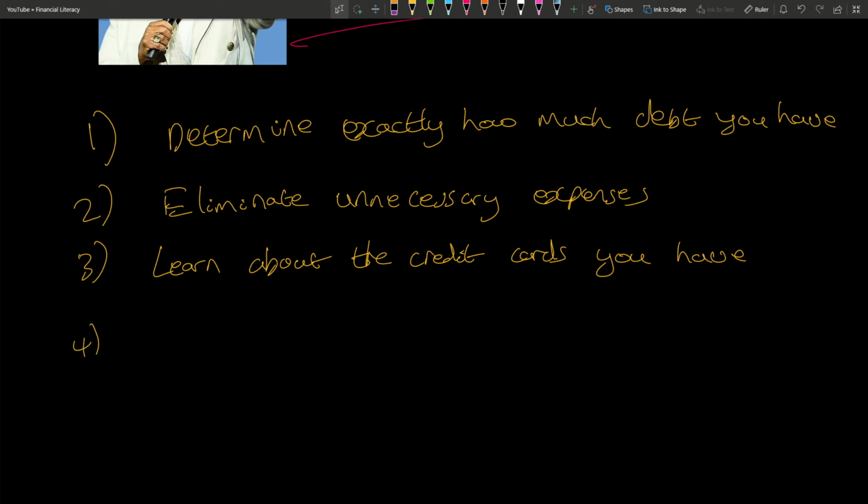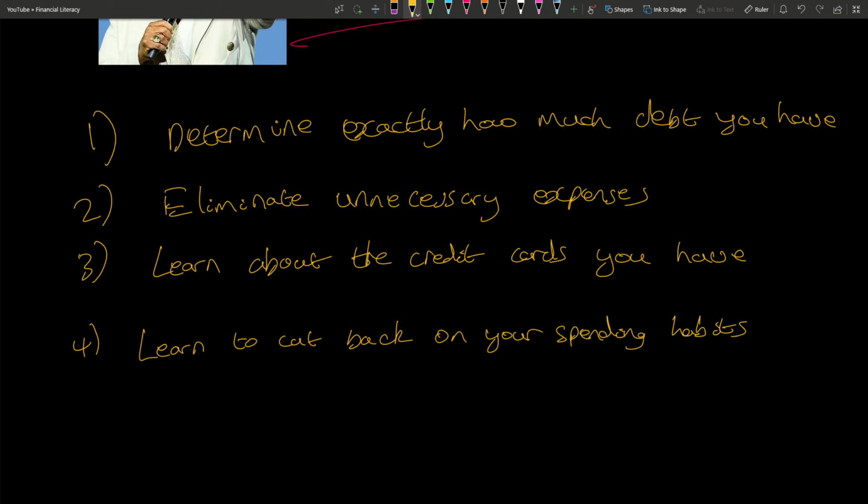Step four is learn to cut back on your spending habits. So pretty simple.